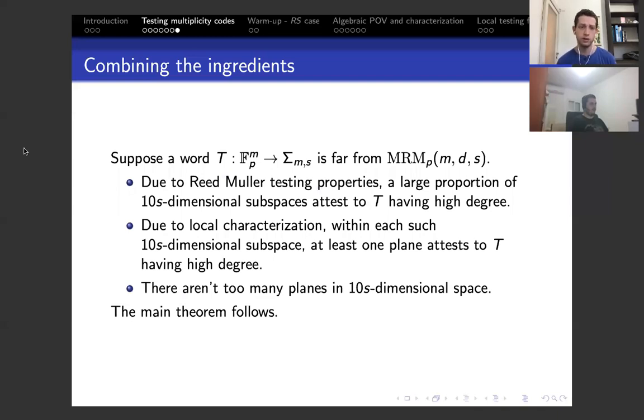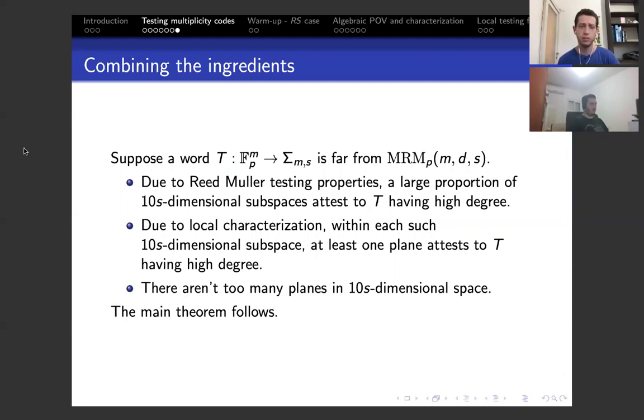Within each one of these, there's at least one plane that tells us that the degree is above d. So the soundness for the plane test is at most the number of planes in tens-dimensional space times the soundness for the tens-dimensional test. And because there aren't too many planes in tens-dimensional space, we get our result.